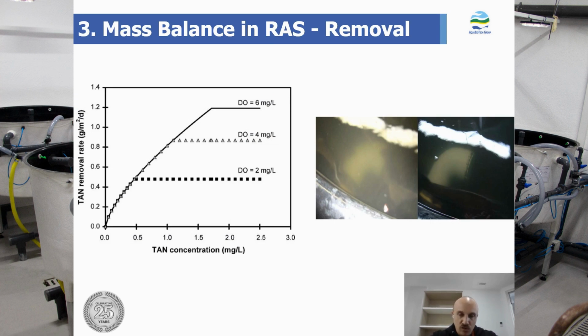Removal. So we said that the RAS is a recirculating system, a closed system where our filtration units are removing metabolites. In this slide, for example, you can see how a biofilter removes or converts nitrogen.